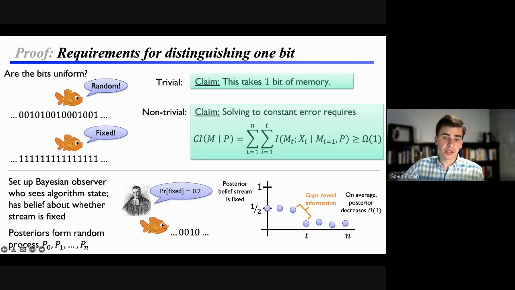And then on average, we showed that this posterior process must decrease by a constant amount. This is because the algorithm is itself accurate. So the Bayesian has only better accuracy than that. And then in the proof, we connect these gaps between when the posterior decreases to revealing information about the underlying stream. Kind of a neat little proof for a neat little, surprisingly non-trivial problem.